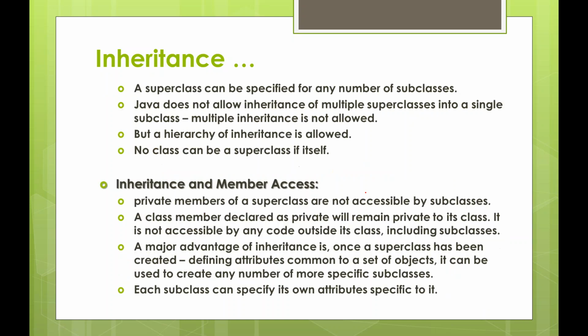Let's move to the next slide. As we have seen, we will have a superclass and a subclass. It is not like we have to use a superclass for only one class. We can create any number of subclasses using this superclass. That is the essence of inheritance.